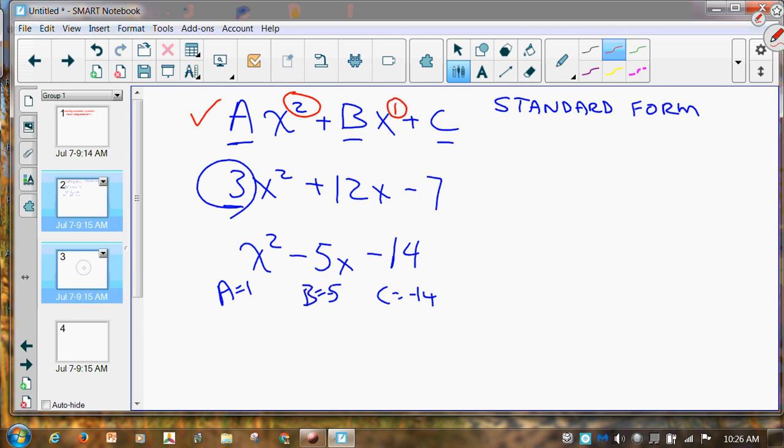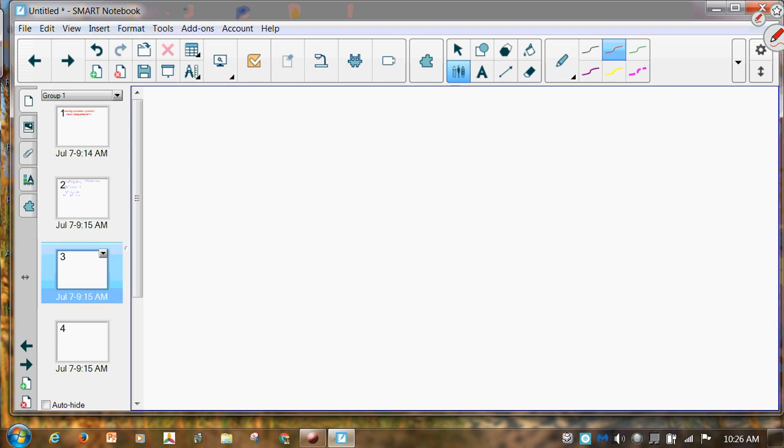All right, now what are the conditions that we need to meet to do a factoring process? First of all, let's think about a quadratic and what factoring is. Factoring is the opposite of foiling.